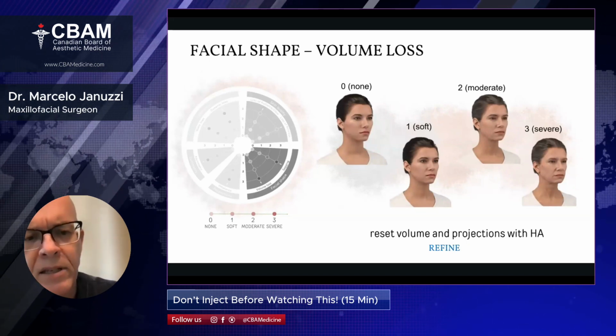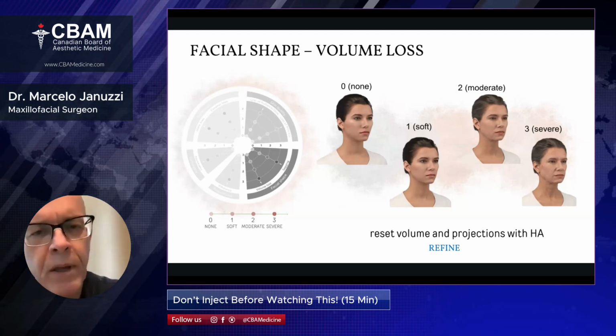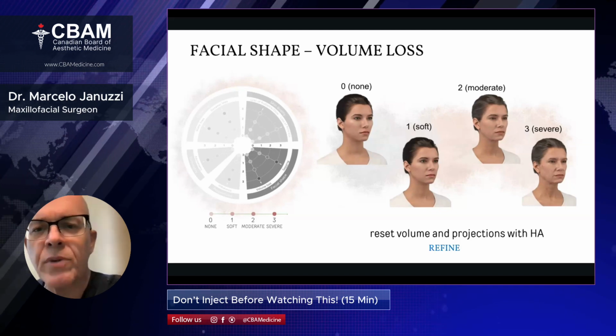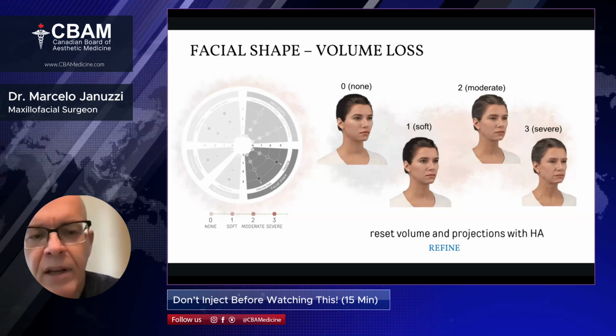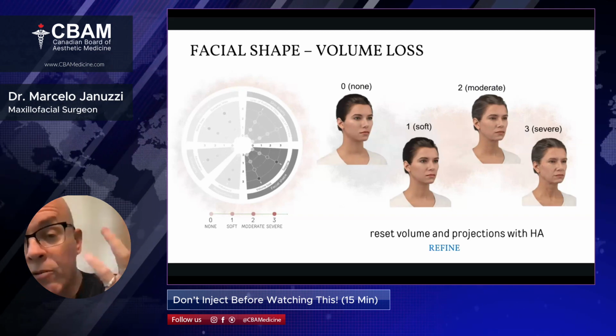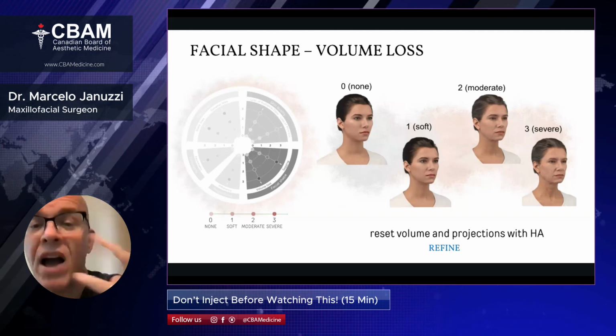Sometimes when we are looking at facial shape and volume loss, we can classify the patient's severity into different types, and we can reset volume and projections with hyaluronic acid. We can refine the face.